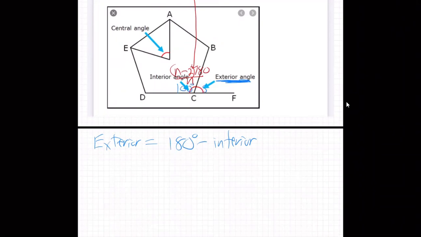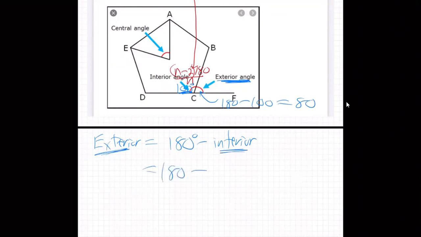Well, it must be 80, right? Remember how we did that in some of the other stuff? So if you know this one, say it's 100 degrees, then the other one is 180 minus that. So it'd be 80, right? So the exterior is just 180 minus the interior because together they make a straight line.